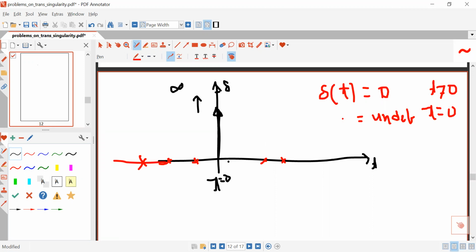Means the amplitude of the unit impulse signal cannot be defined at t equal to 0. I have discussed this in the previous video, so you should go through that video.